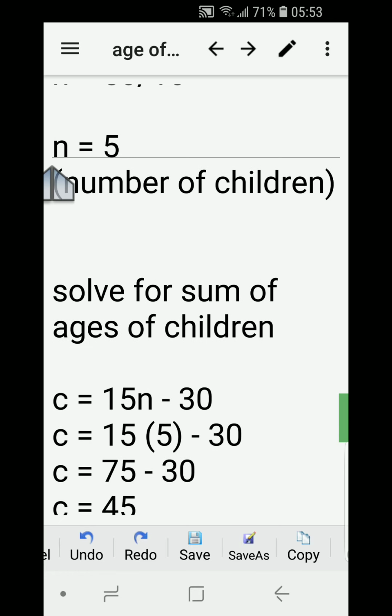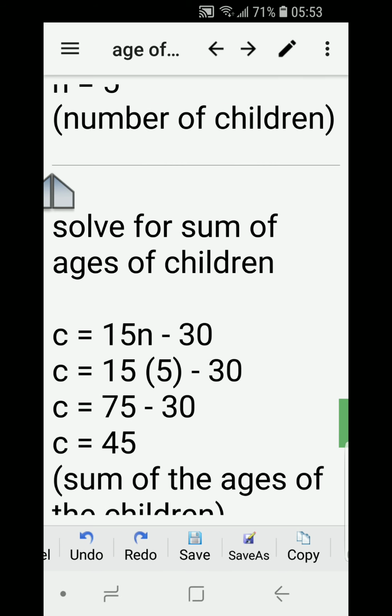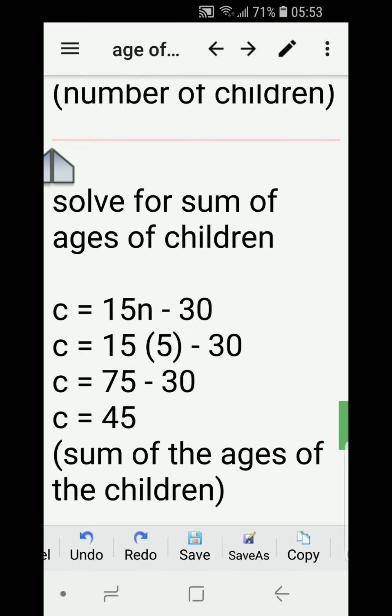We now know that n is 5, so we substitute. c equals 15 times 5 minus 30. We get 75 minus 30 equals 45. 45 is the sum of the ages of the children.